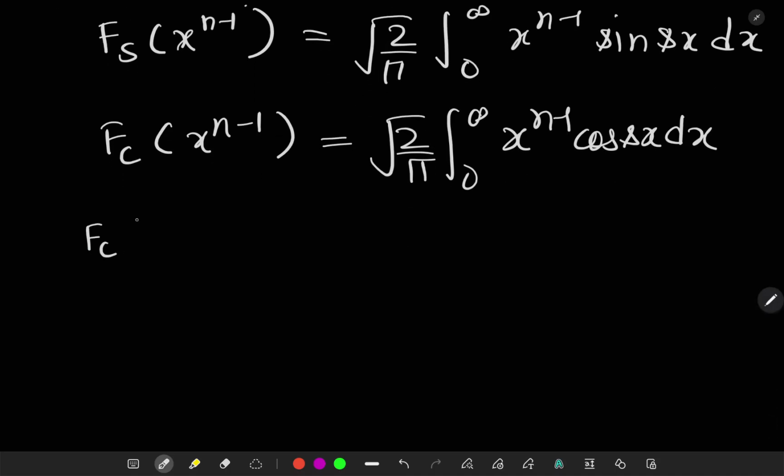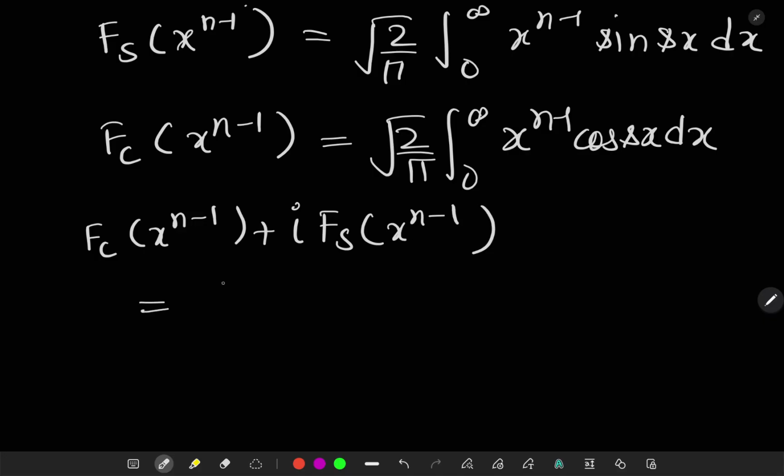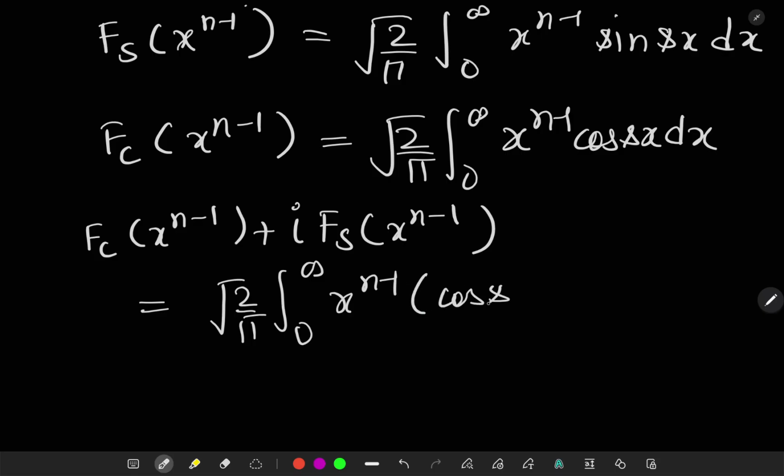If we write these two equations like this, we can take common x raised to power n minus 1 and write cos sx plus iota sine sx dx.